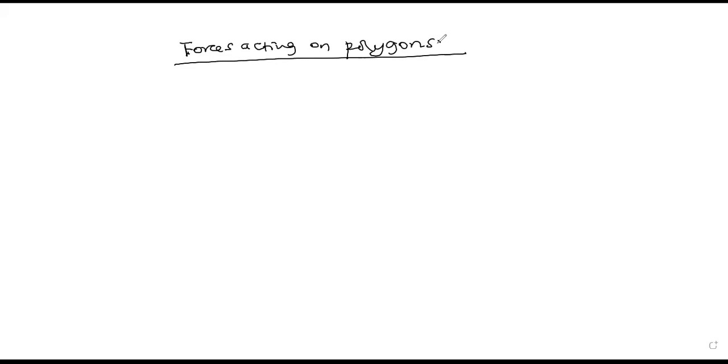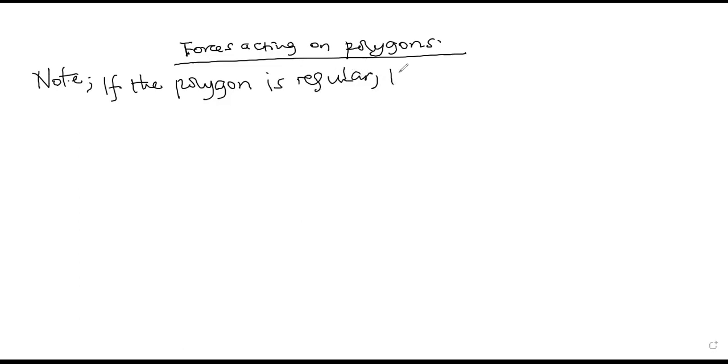Now, we need to note the following as we progress. Before we go any further, if the polygon is regular, then it means that, number one, its sides are equal in length.